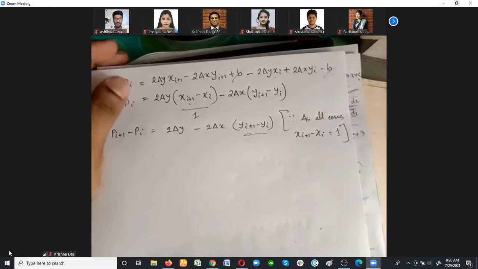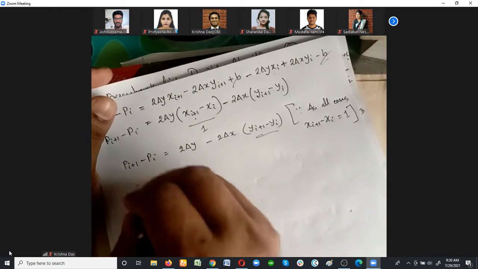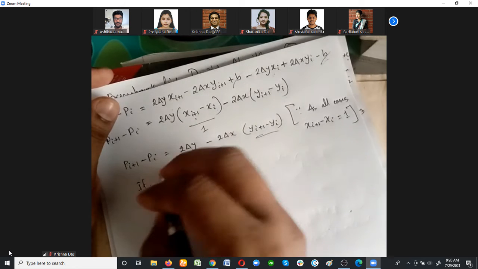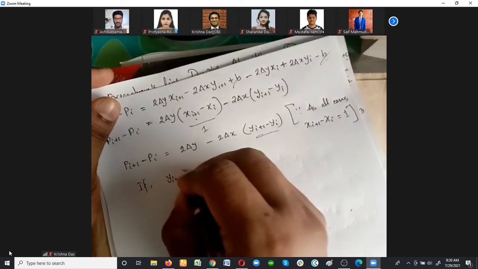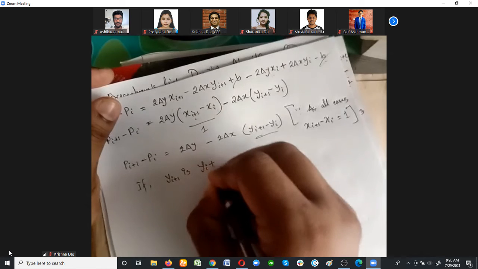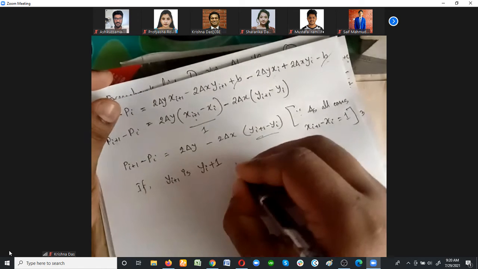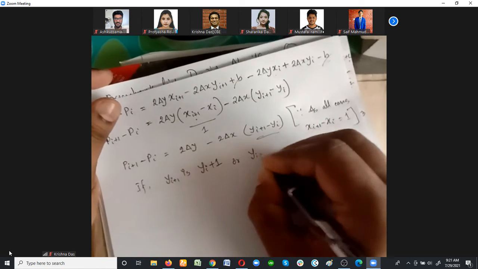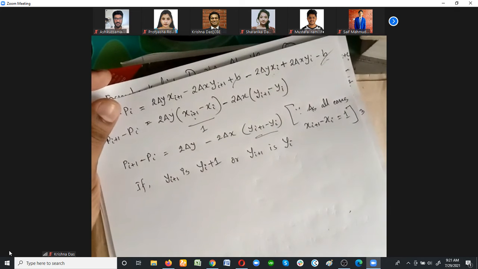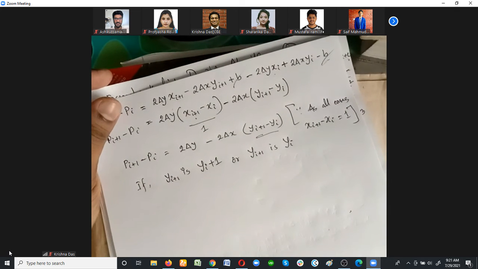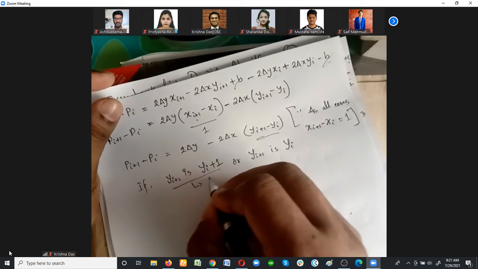Now we can write that the next value, yi plus 1, is either yi plus 1, or yi only. If it is the first, then we get 1, isn't it?